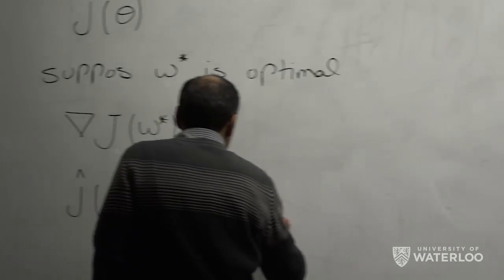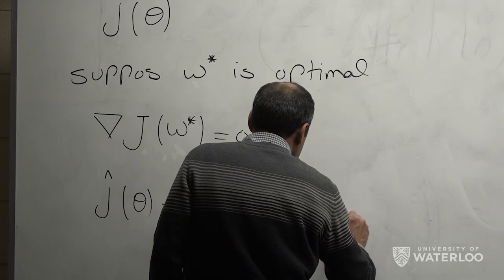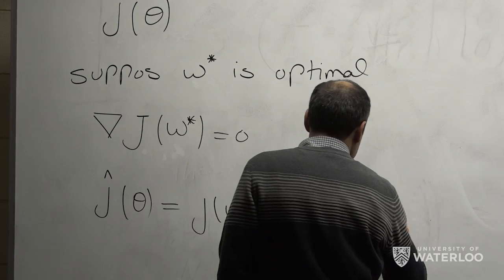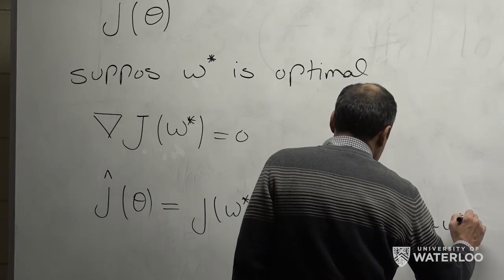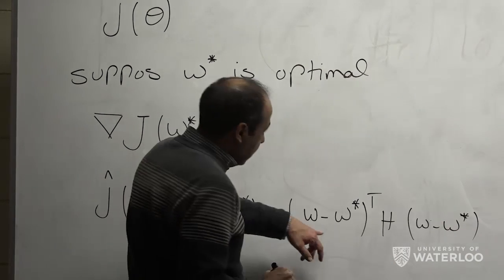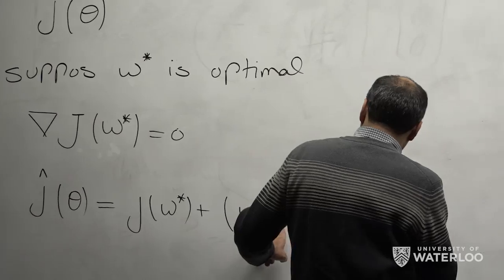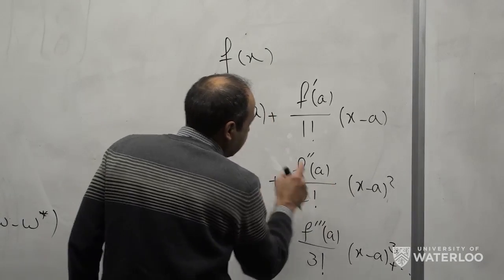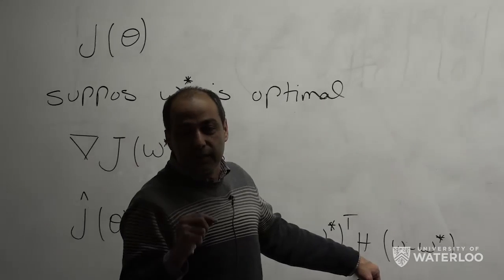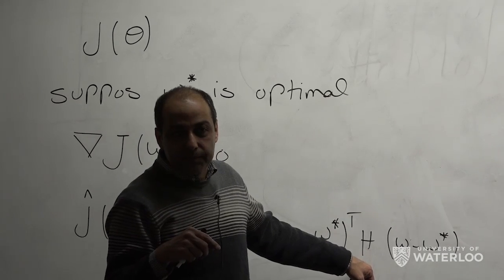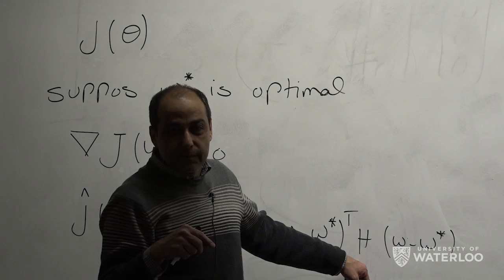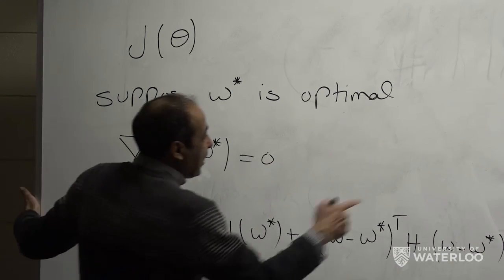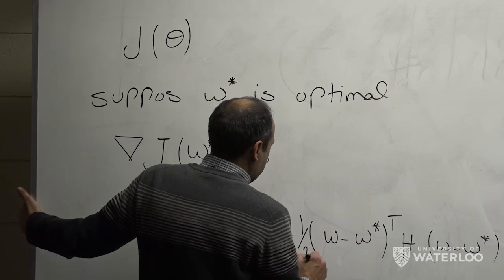So basically it's going to be (W minus W star) transpose H (W minus W star), where H is the Hessian matrix. Okay? The first derivative gives the Jacobian, the second gives the Hessian, and 1 over 2 factorial.